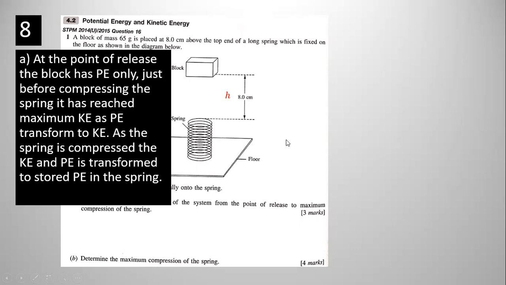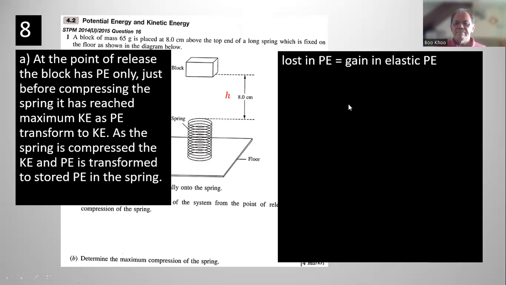Determine the maximum compression of the spring. Right? First, the examiner tries to help you. That's why the examiner gives you the energy transformation first, so you can then write down the equation. Loss in potential energy, gain in elastic potential energy.